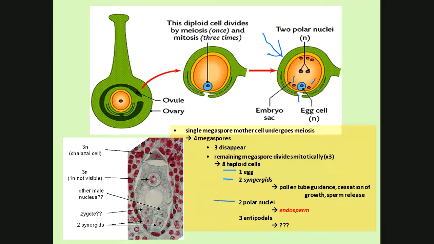Like in popcorn, when you popped popcorn, that was the white stuff that fluffed out. Remember, that's the food. The endosperm is food for the seed.